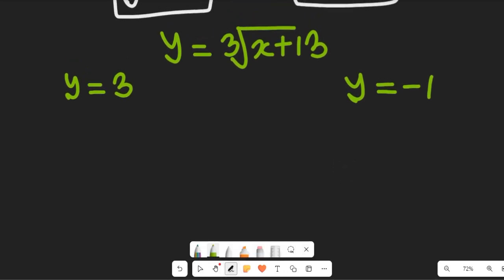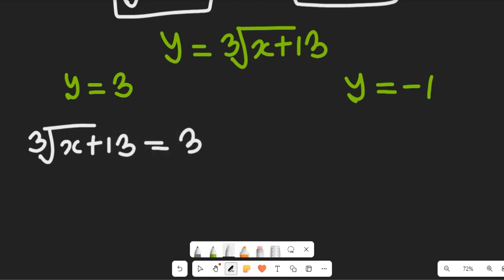We'll substitute the value of y equal to 3. We'll have our cube root of x plus 13 to be equal to 3. If we take the cube root of both sides, we can be able to solve that.